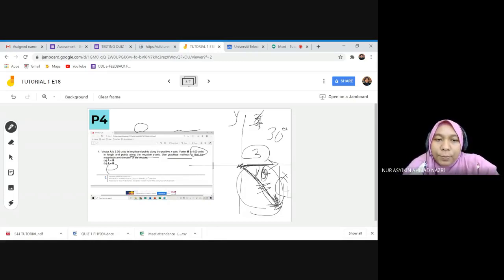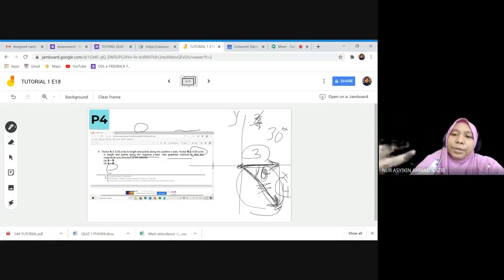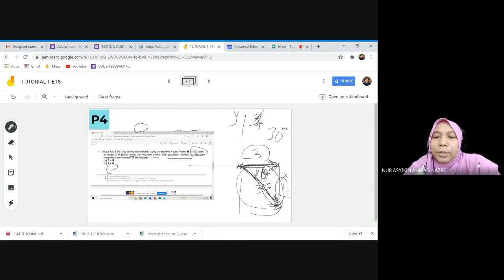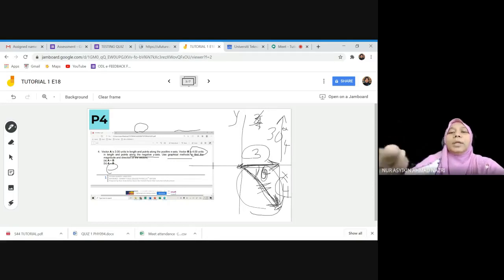A minus B, bila A minus B, okay, so this is your vector A. Bila A minus B means that B ni opposite direction. So bila opposite direction kepada yang ini, dia akan jadi going up lah. Boleh. Dia jadi going up. So the resultant, apply je tip to tail method, dapat yang ini.